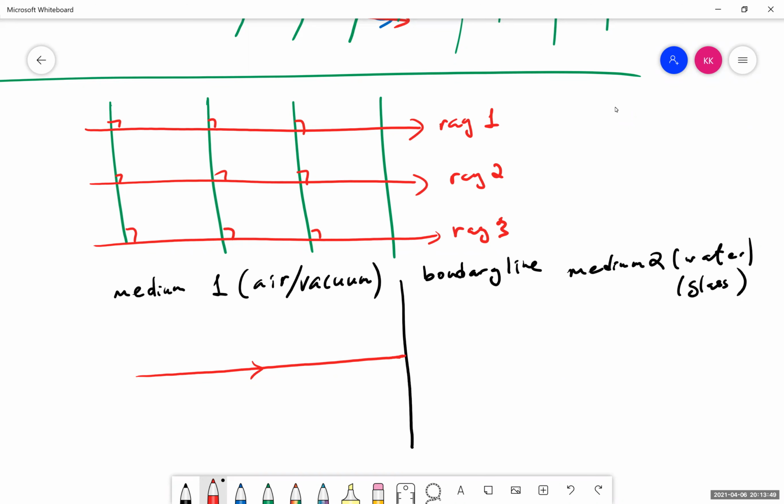Some of the light will be reflected. So this is what we call incident light, and this is the reflected light. A fraction of the light will be reflected.